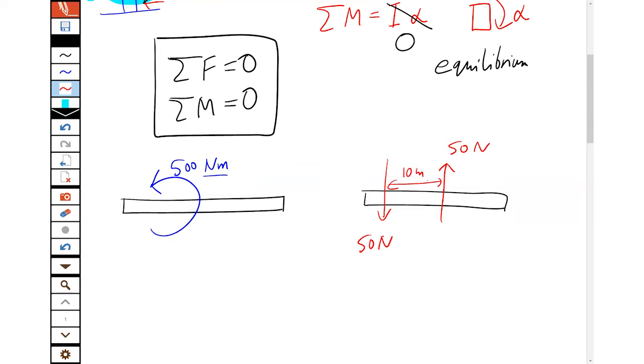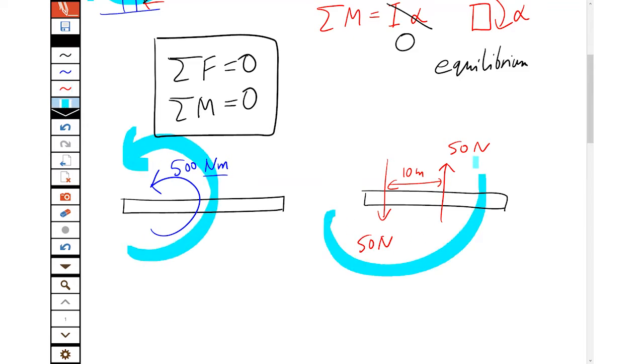Now, if you have a force couple like this, it'll cause the whole thing to feel a moment counterclockwise. And you can calculate this moment. It's the force, just one of the forces, times the distance between them.